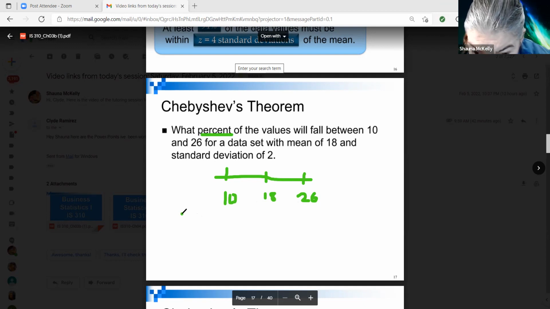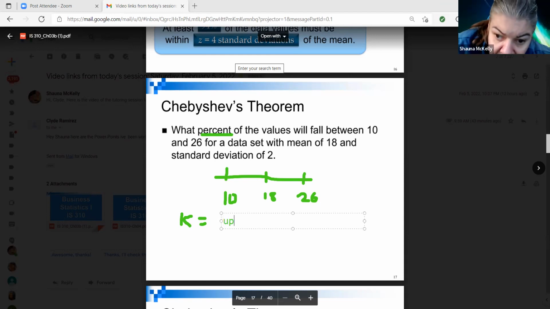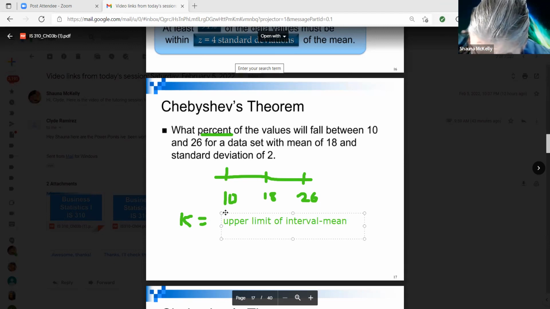So if you want to find K, K is going to equal, I'm going to use the upper limit of the interval minus the mean divided by the standard deviation.